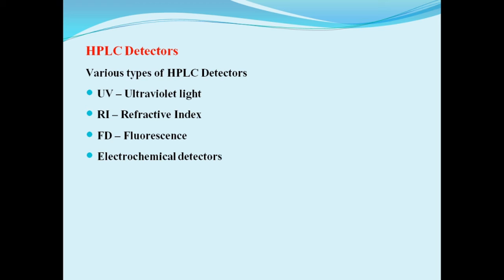These are the various types of HPLC detector: UV ultraviolet light, refractive index, fluorescence and electrochemical detector. Before that, the photodiode array detector, DAD, is the most used detector in liquid chromatography today.